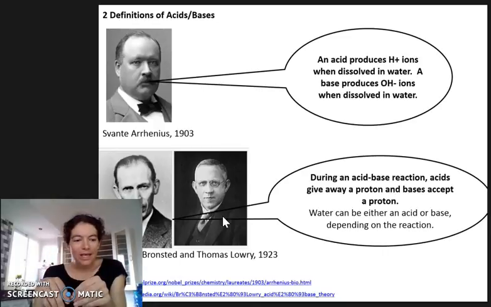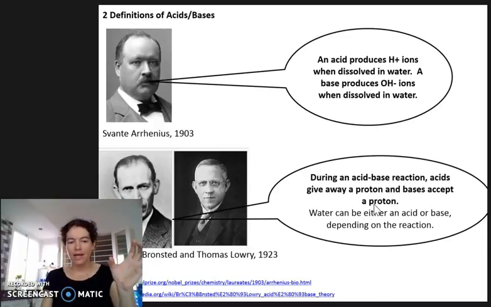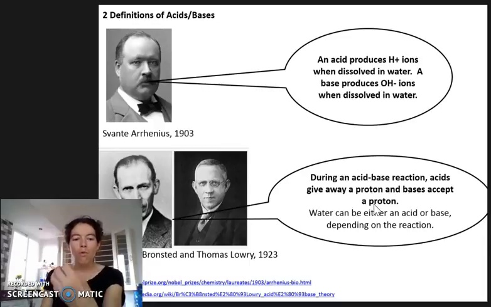And a base accepts a proton. Their definition for acid is basically the same, but for base, it's not talking about producing an OH minus ion, a hydroxide ion. It's talking about taking an H plus ion. And if water is involved in the reaction, if you're adding a base to water, water is going to be the acid or the base.